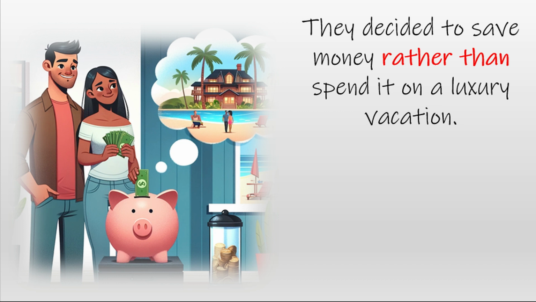It sets up a comparison by showing there is another possibility they considered, but ultimately did not choose. The whole sentence highlights the decision-making process, indicating that they weighed two options and decided that saving money was the preferred choice over spending it on a vacation.